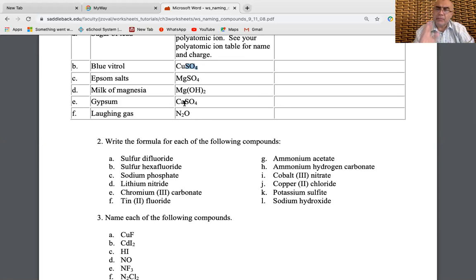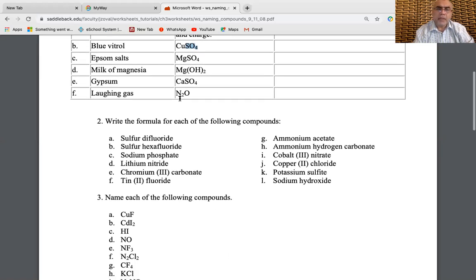Ca is calcium, also in group 2. Sulfate, SO4, so it is calcium sulfate. Now, N2O. We can say dinitrogen monoxide. Dinitrogen monoxide.